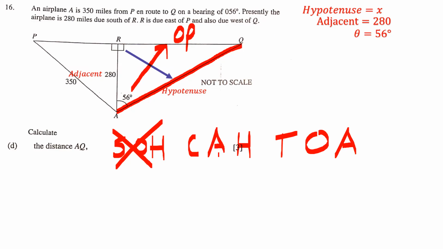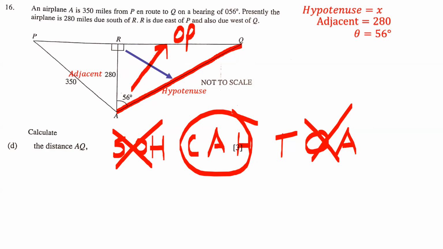Can we use tangent? Again we don't know the opposite, so we can't use tangent. But we could use cosine, because we have the adjacent. We just don't know what the hypotenuse is, and we can find it using the cosine function.